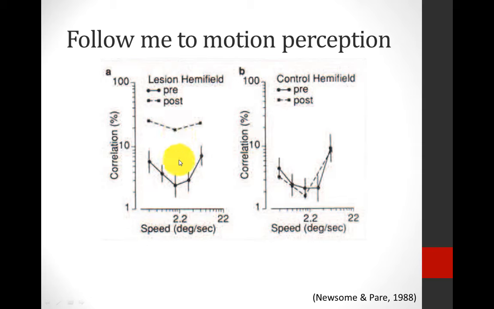In the lesion hemifield after the lesion, the correlation needed to be much higher than at baseline, pre-lesion. But in the control condition, there was no difference. So they used this to show that those MT neurons are implicated in motion detection for this coherence task.